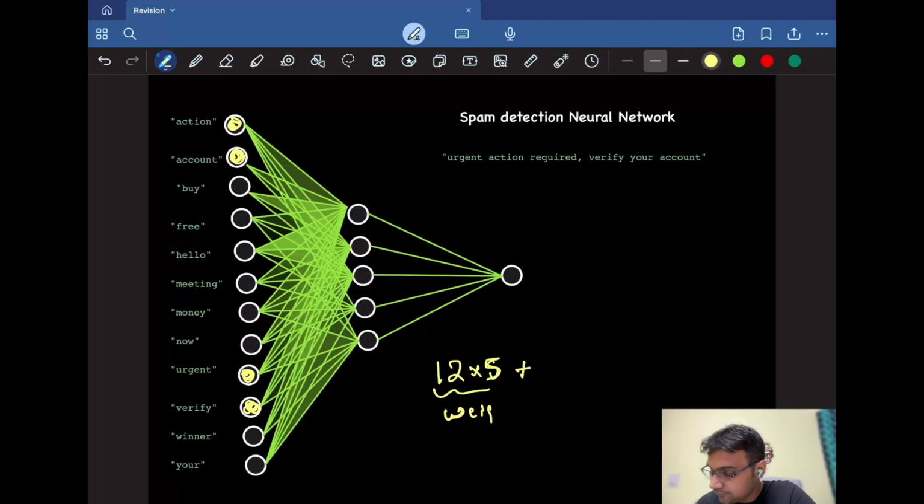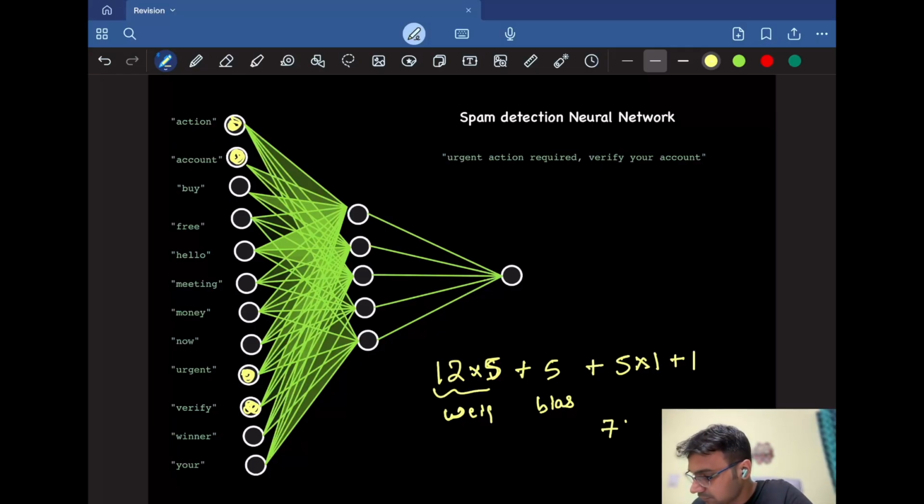Then these 5 will have 5 biases. For the output value, these 5 are connected to 1, plus there is 1 bias. So the total comes out to be 71. Sorry, I mistakenly said neurons; that is the total number of parameters this neural network has.